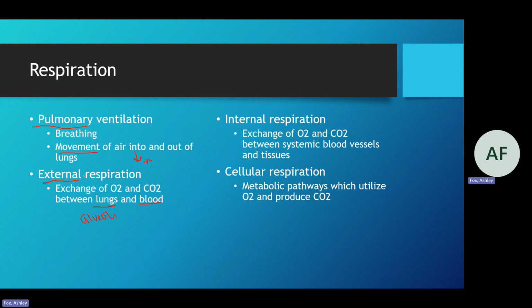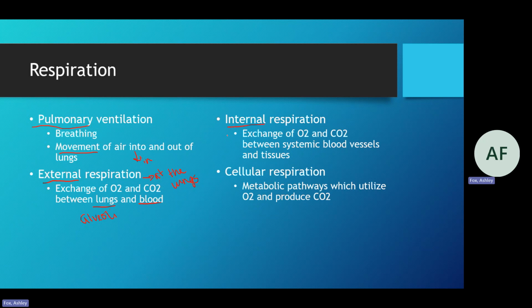So external respiration is exchange with the external air that's coming in. So it's coming from the outside in, and the blood. So this is happening at the lungs. So we have oxygen coming into the blood and carbon dioxide leaving the blood and going to the lungs.